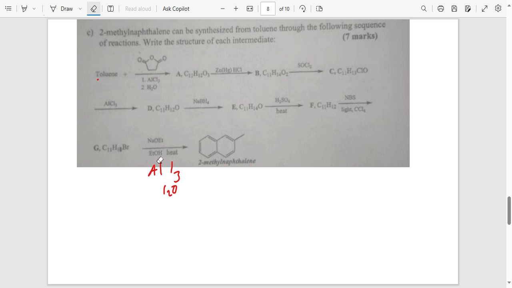How are we going to start? I'm going to start with the structure that has been given on top there. Oxygen, bonded double bond to oxygen, and then another bond to oxygen, like that. Our toluene is a benzene ring.